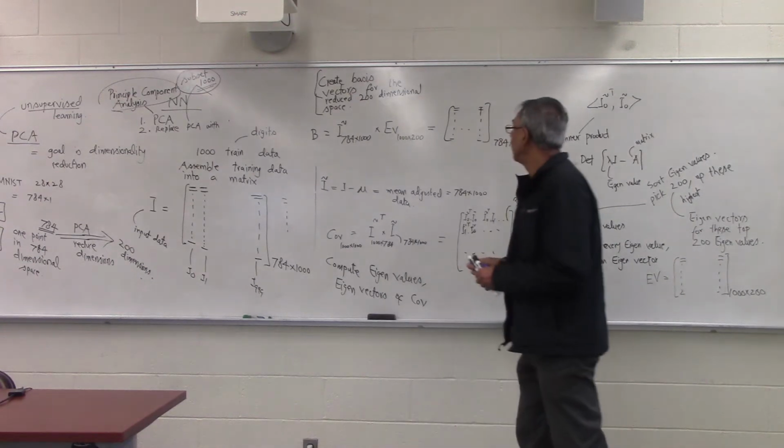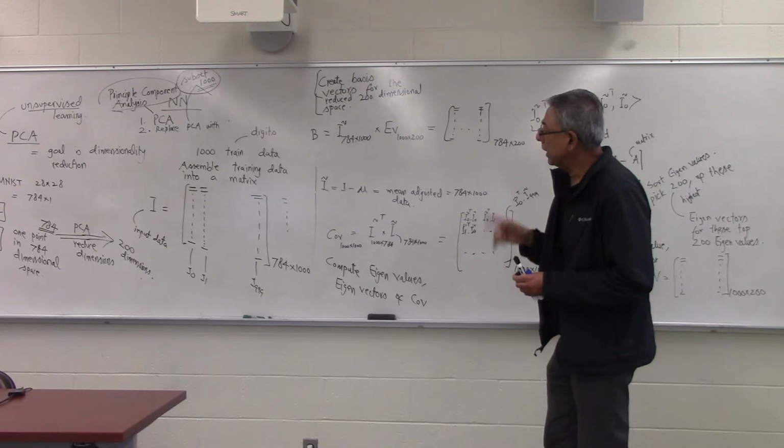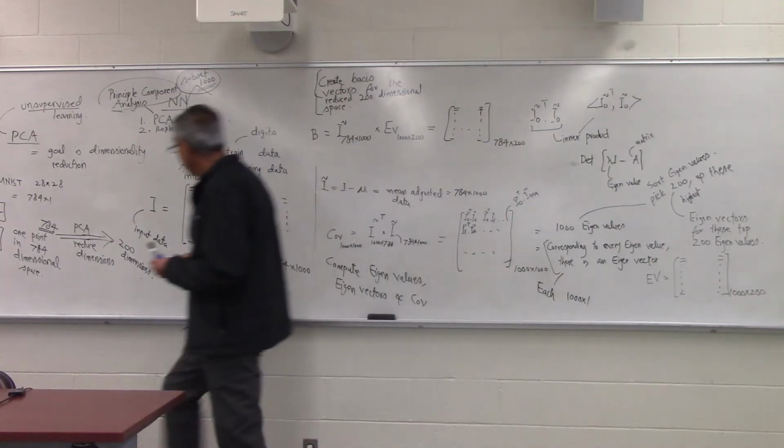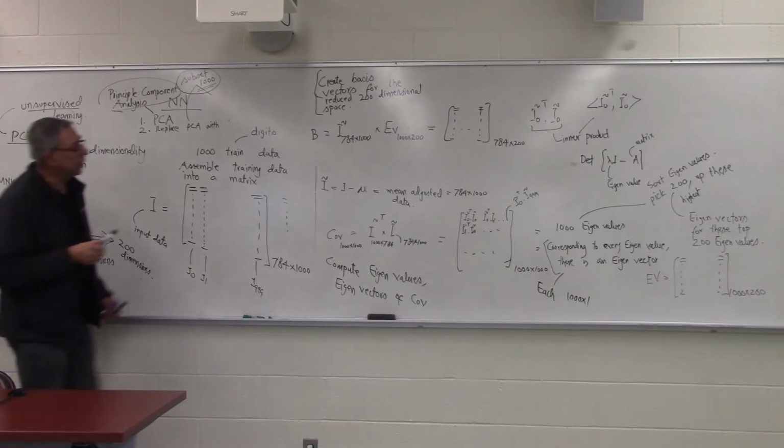Okay, so remember the goal is every data in the original space has 784 values to it. We want to reduce it to 200, right? So now let me show you how we will do that.